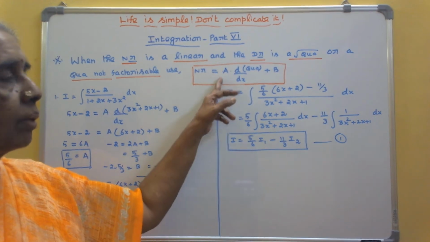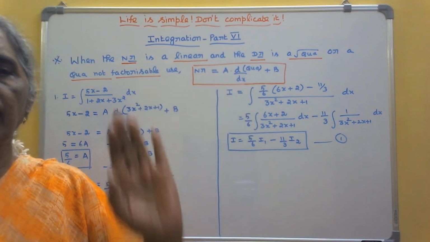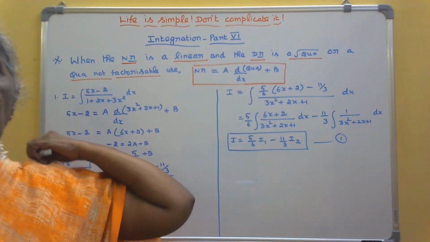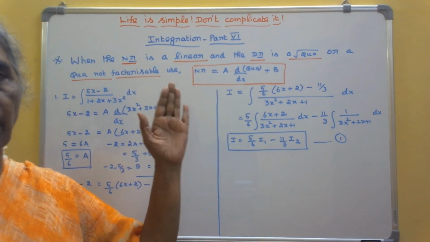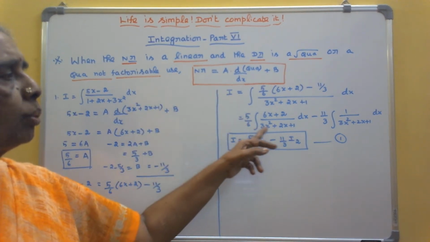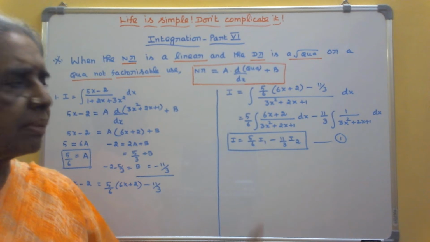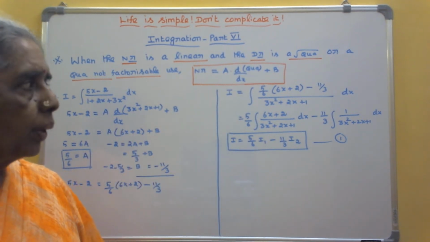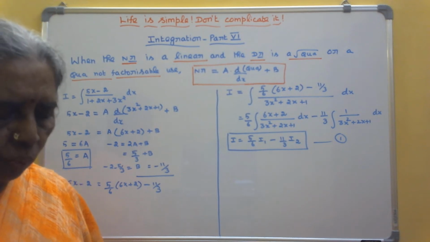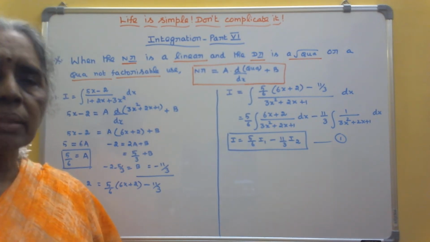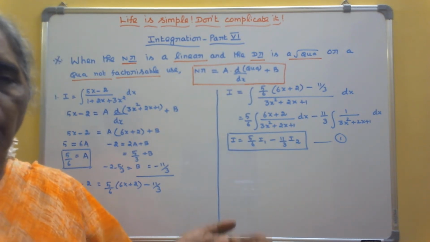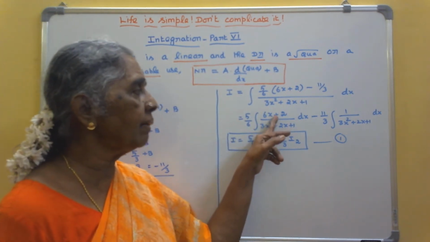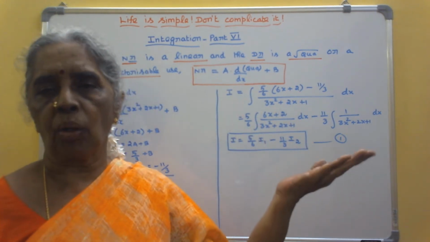First, use the concept. You have evaluated A and B. Then the numerator you have written using that A and B. And the I, now you are splitting into two integrals and we are writing this. Okay. Now, if you look at your I1, you know it is a very simple sum of substitution, because you know the numerator is actually the differential of the denominator.